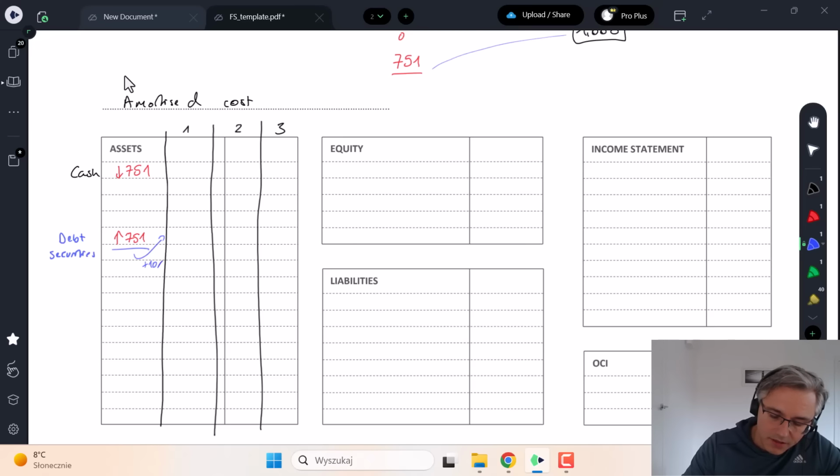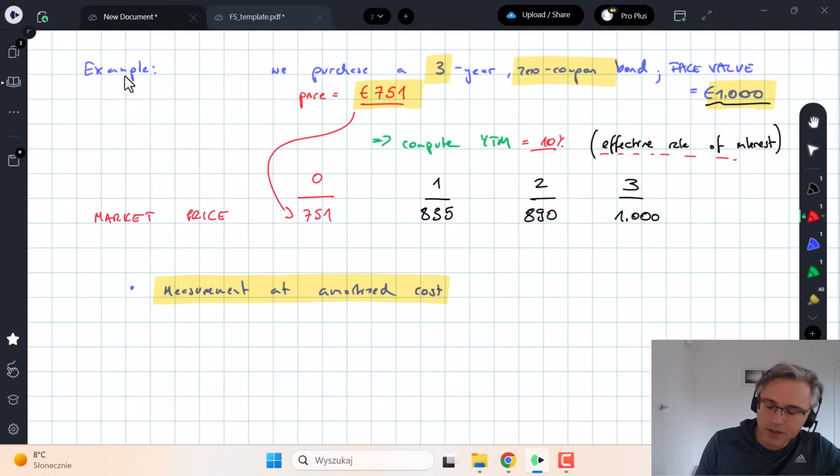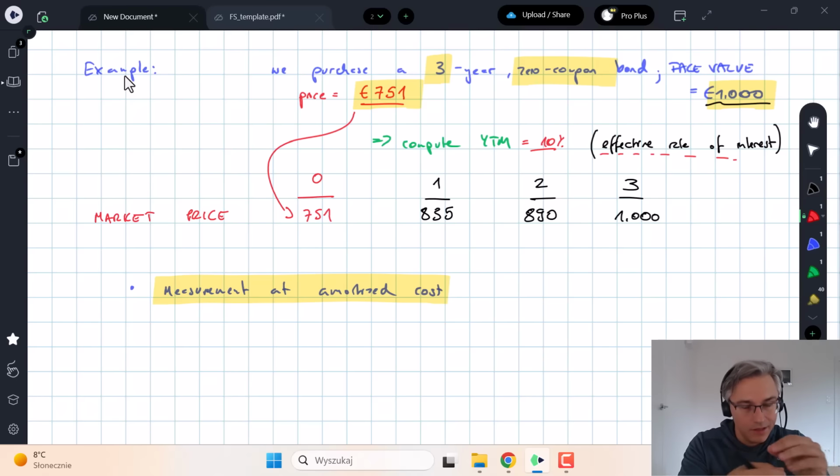Why 10%? Because 10% is that asset's yield to maturity, that's why we computed it, or the effective rate of interest. In accounting, when you follow the measurement at amortized cost approach, you apply the effective rate of interest, which is the instrument's original yield to maturity.